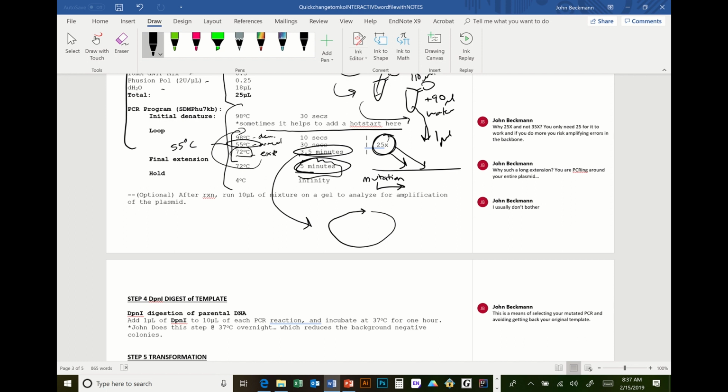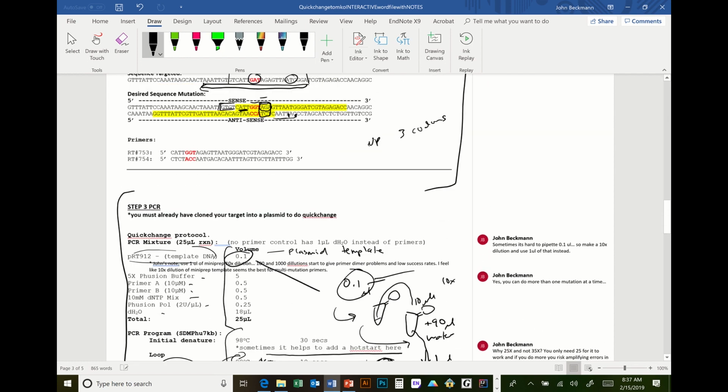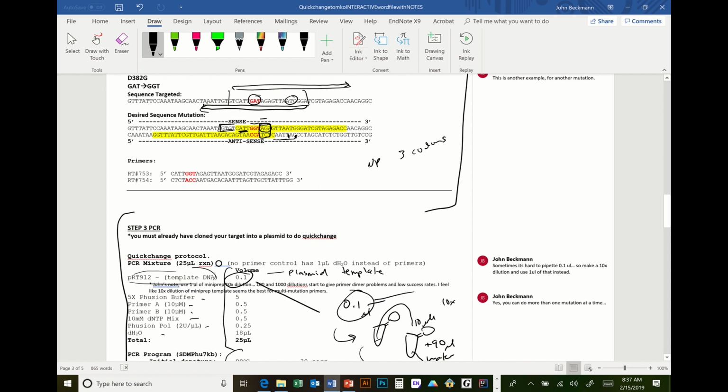Okay? So whenever we do our project, we have to set the temperatures for PCR. No, because you won't change the annealing temperature of Quickchange. I always leave it at 55, regardless of what my primers are. All I need you guys to do is get through the design.